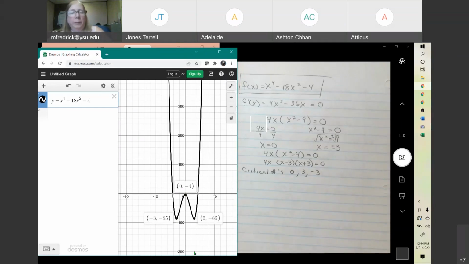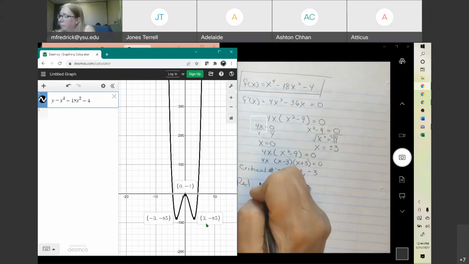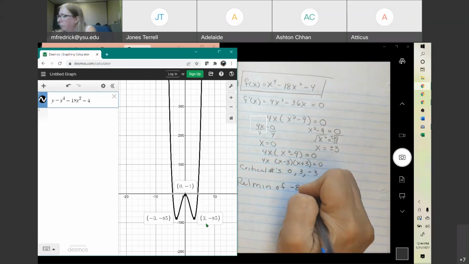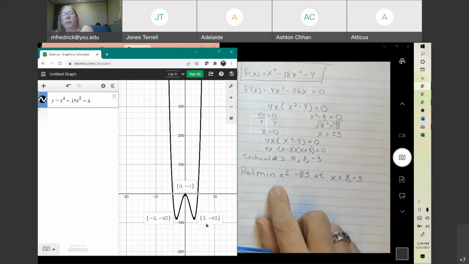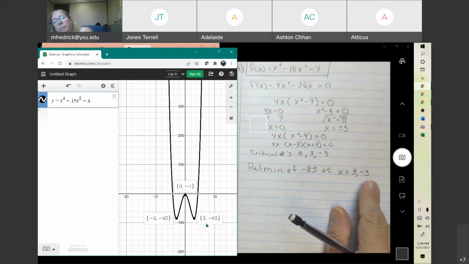We look at the first one, negative 3. Notice both of these are at a negative 85. So there's a relative min of negative 85 at 3 and negative 3.